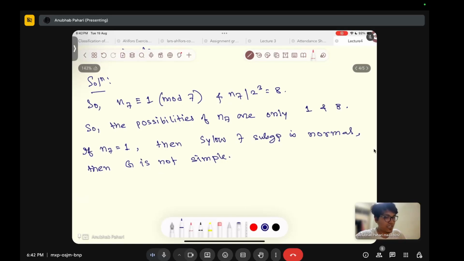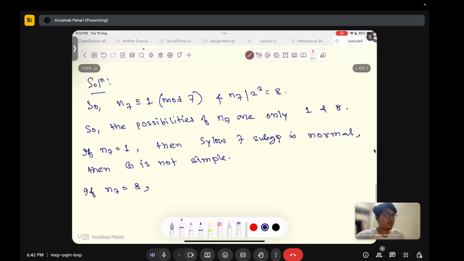So going to the next argument, if n7 equals 8, what happens?